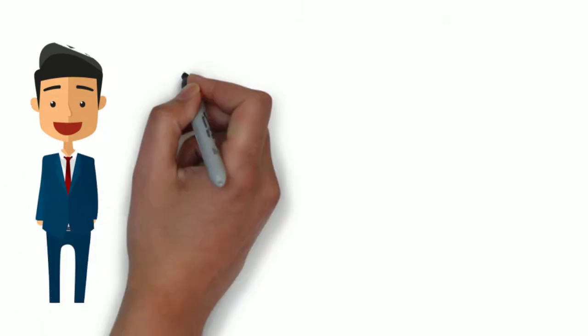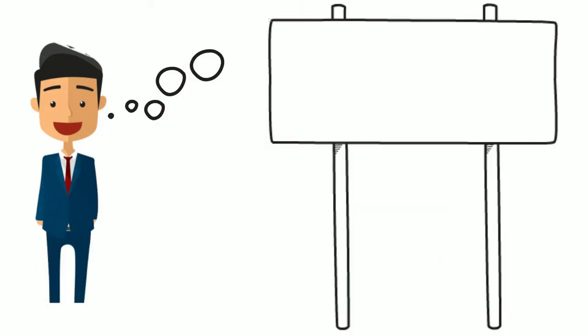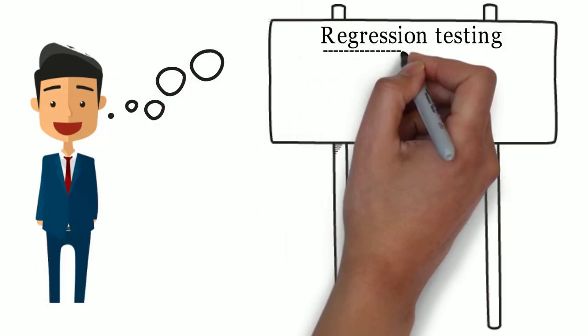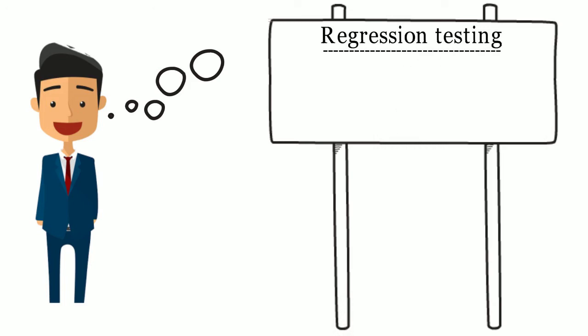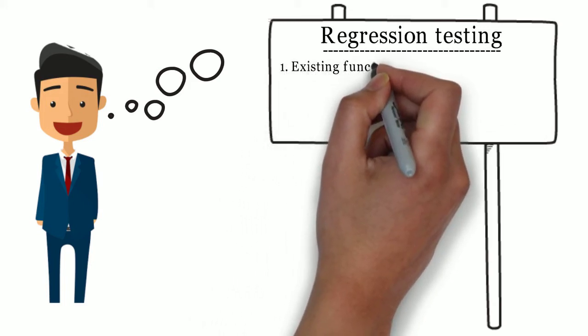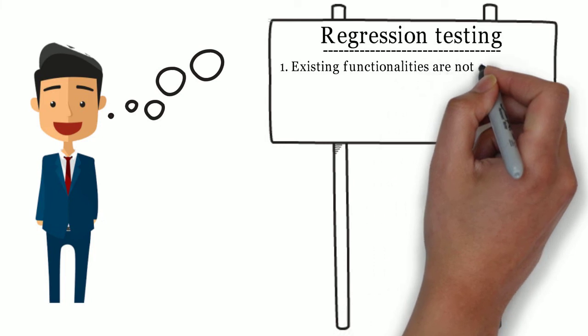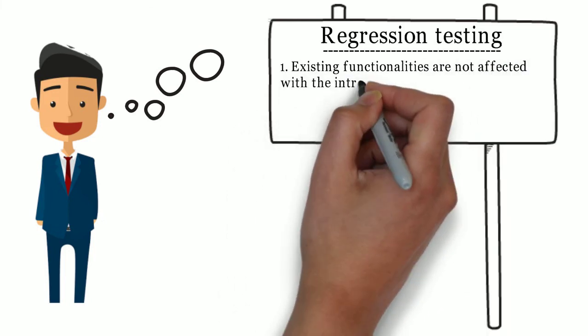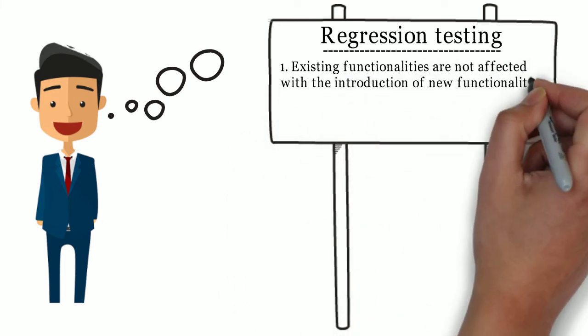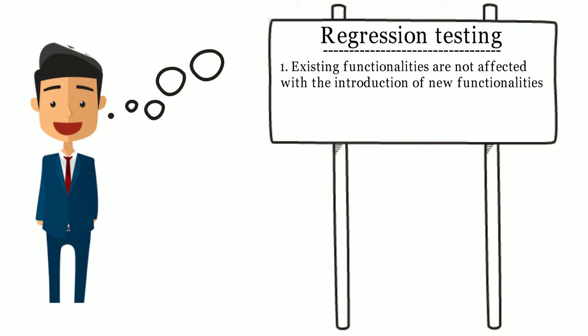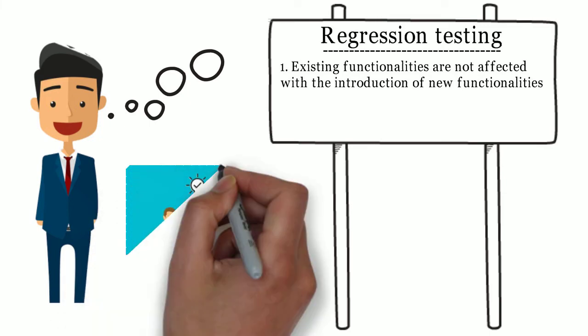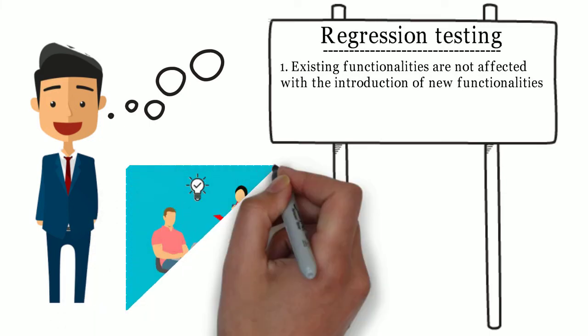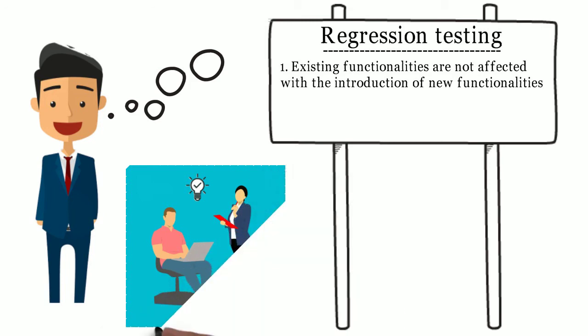I am taking our example online shopping website project to explain this test type. The features implemented and verified are customer registration, placing an order, and communication to the customer. They have decided to add a new feature, which is sorting of the products listed on the website according to name, popularity, price, etc. So now this feature is implemented in the system.